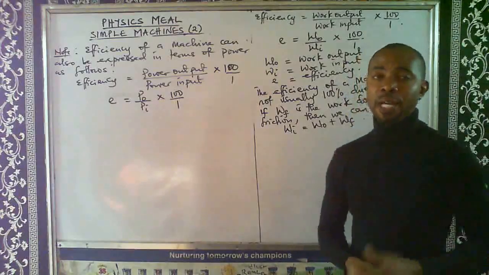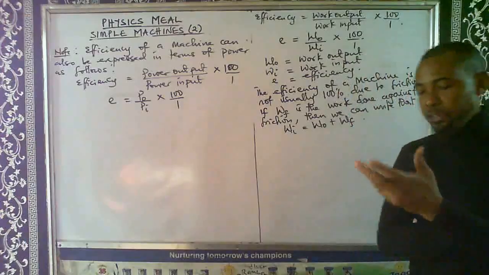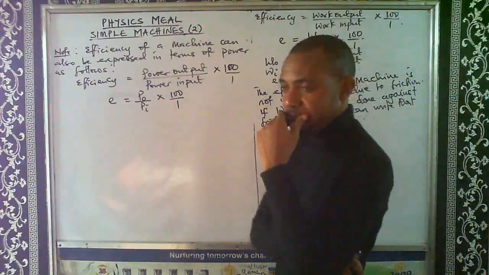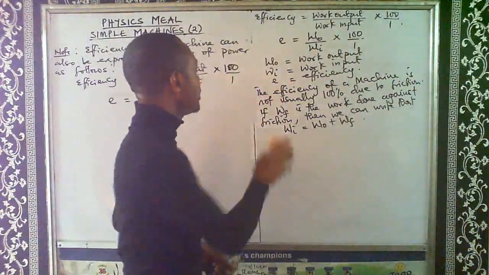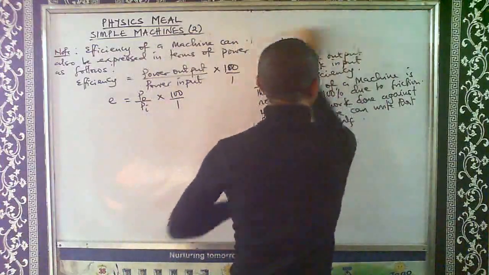Now let's see the formula connecting the efficiency of a machine, the mechanical advantage of a machine, and also the velocity ratio of a machine. Quickly, let's look at that.